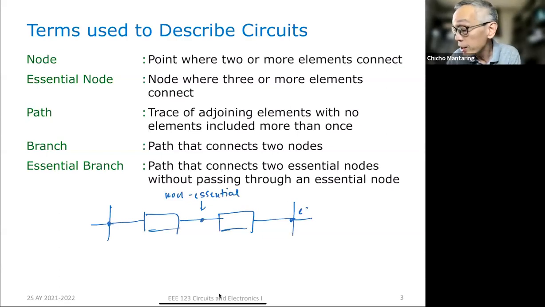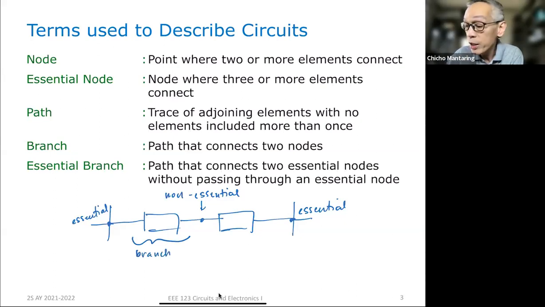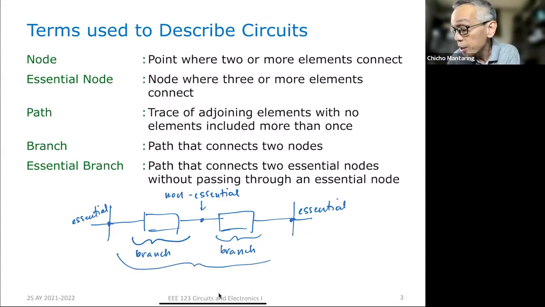Let's say this is essential. Let's say there are more than two elements connected here, and this is also essential. This is one branch. It connects this node with this node. This is another branch, that connects this node with this node. But this is one essential branch.